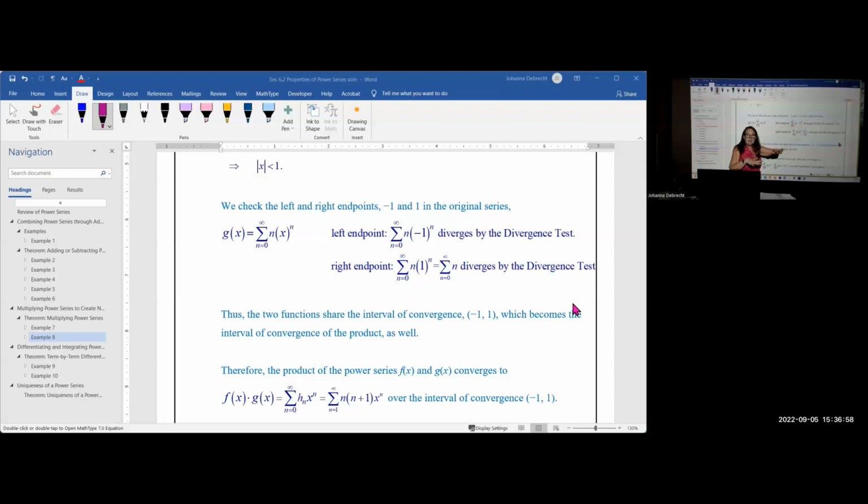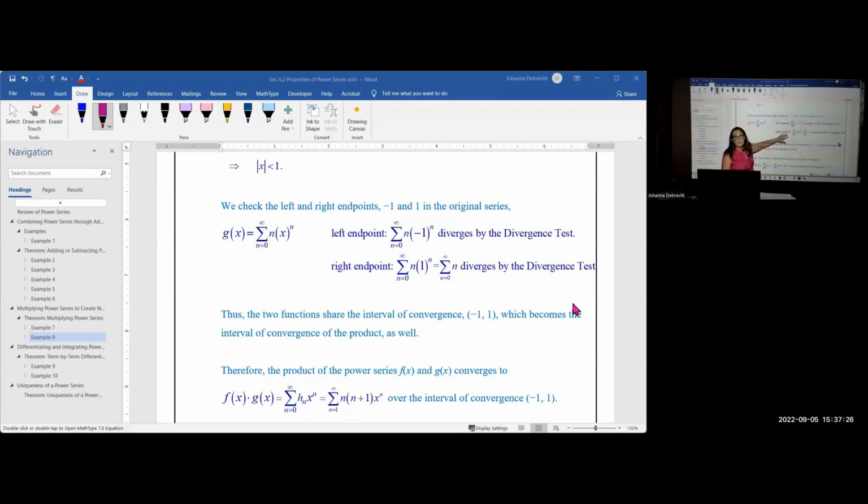So it's alternating, but the values are getting larger. So the even and odd terms, if you look at those sequences, they're each blowing up to either infinity or negative infinity. And because the sequence of the even terms and the sequence of the odd terms both blow up to infinity or negative infinity, then we say that the sequence does not go to 0. So it diverges by the divergence test.